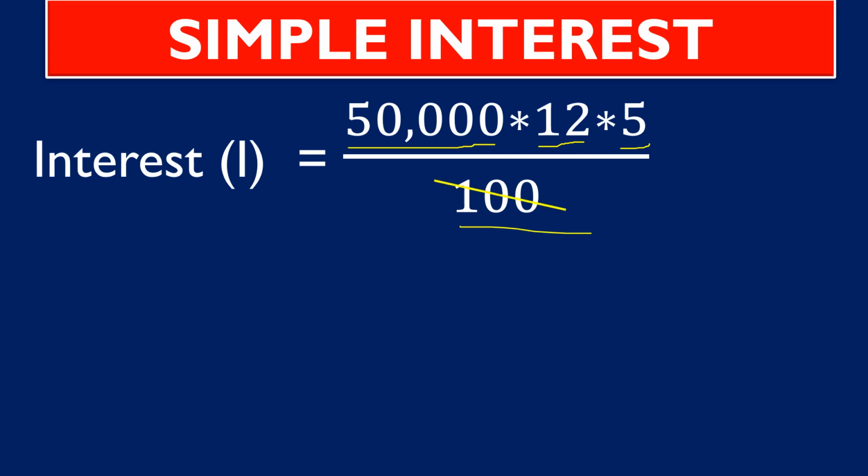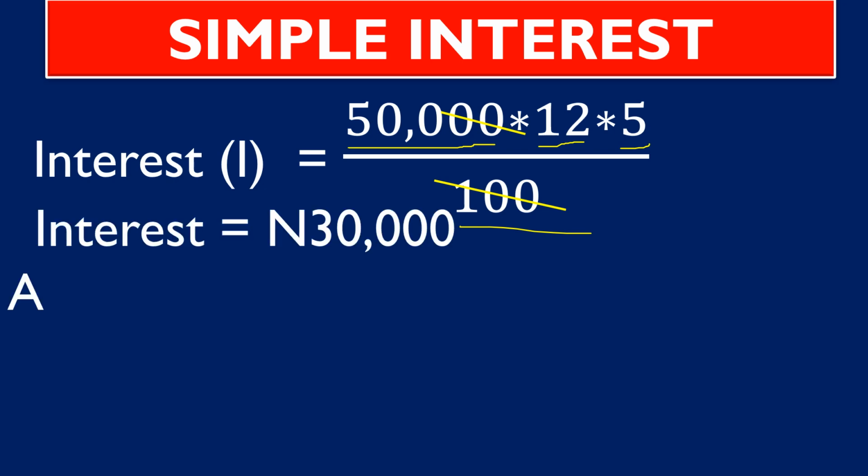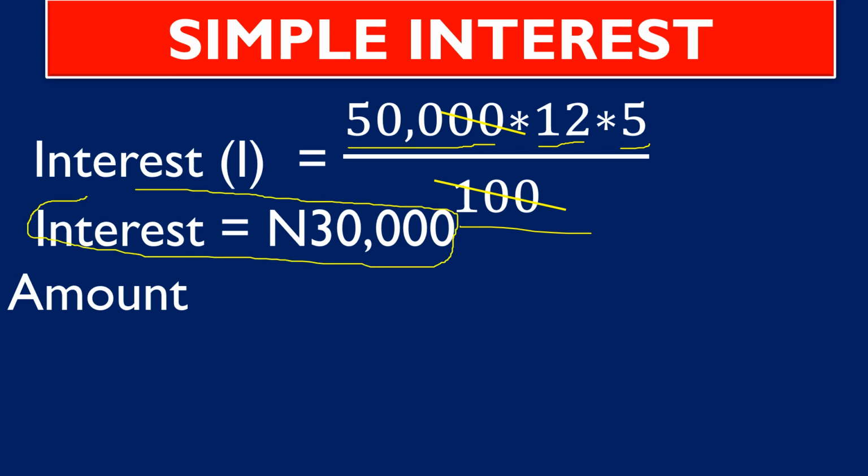So let's simplify this. 100 cancels the 2 zeros above, so we have 500 times 12 times 5, and that gives us 30,000 naira. So the interest she gets after 5 years is 30,000 naira.